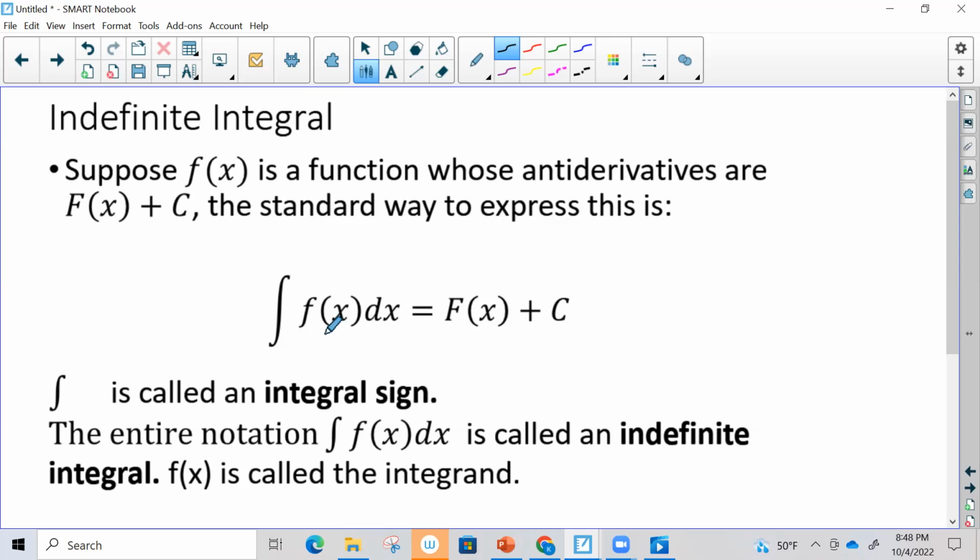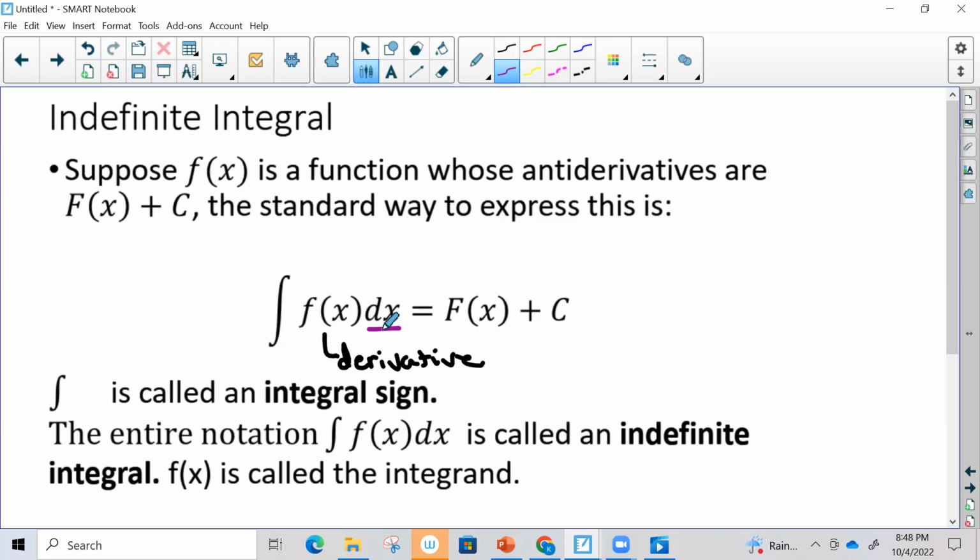And then here is where we have the derivative. And then we have this dx. This dx tells us what we're integrating with respect to. So it's always a d, and then this variable always matches whatever the variable is in the function.